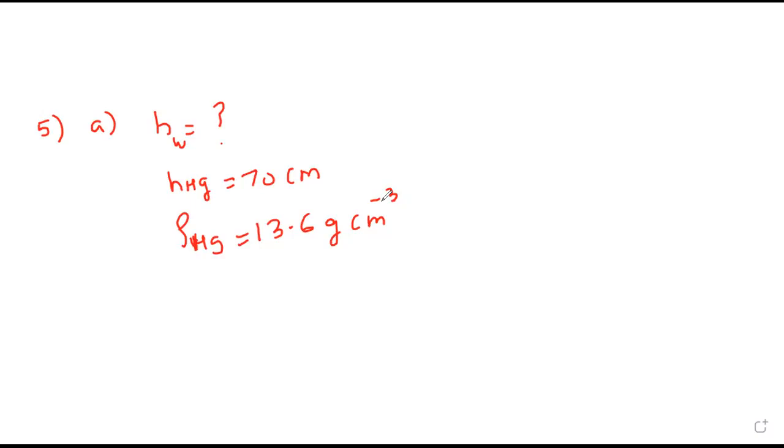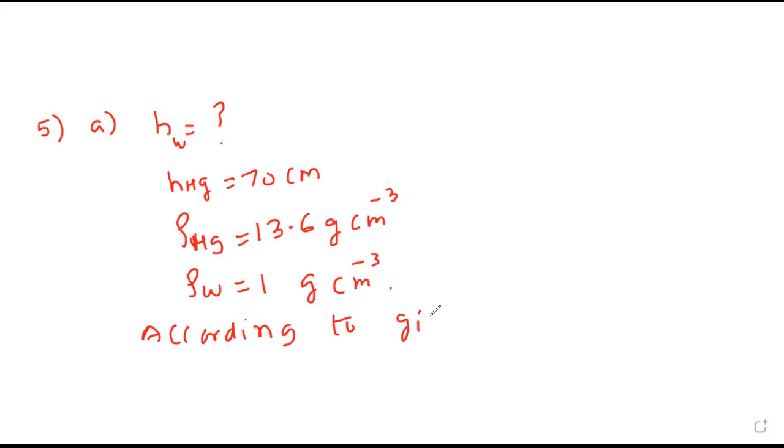Will the height of water column in part A change if cross-section area of water column is made wider? Okay, that is theoretical. Water density they have not given. You should know density of water in CGS is 1 gram centimeter minus cube. According to given condition, pressure exerted by water is same as pressure by 70 centimeter of mercury.